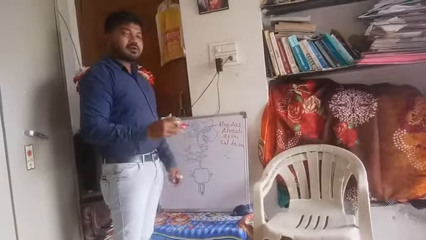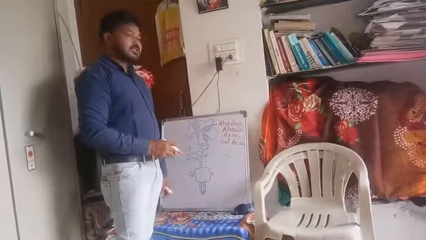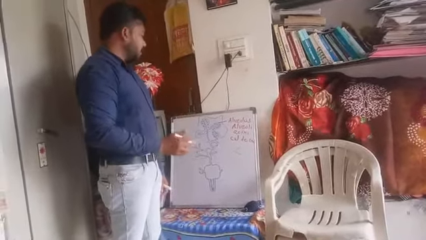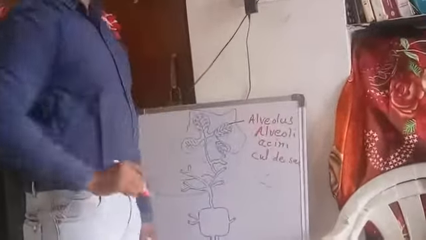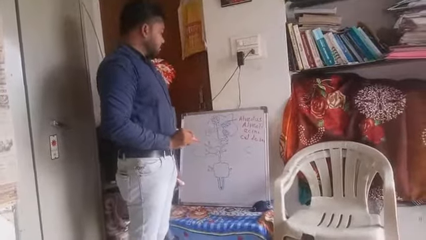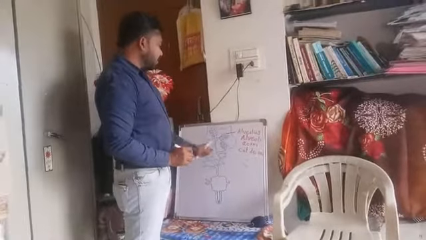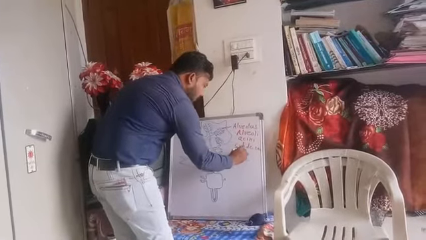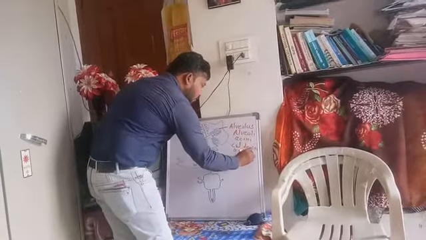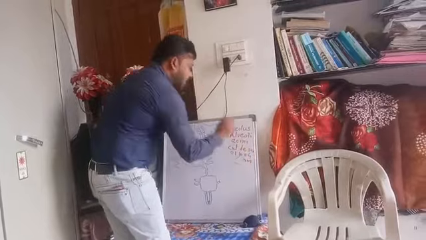Whatever quantity of milk is synthesized inside the udder, the synthesis of milk takes place inside the alveoli cells. The diameter of each alveolus is around 0.1 to 0.4 millimeter only.